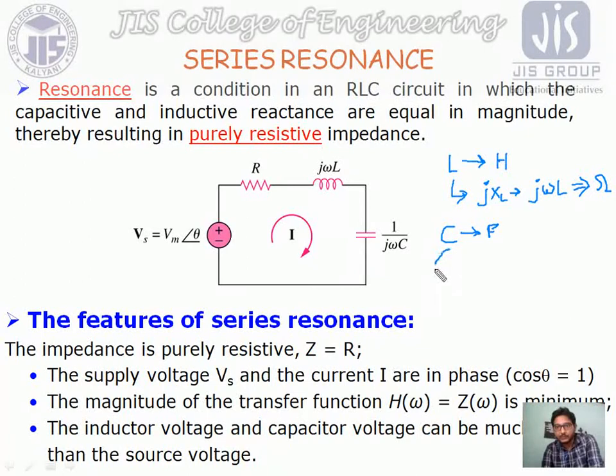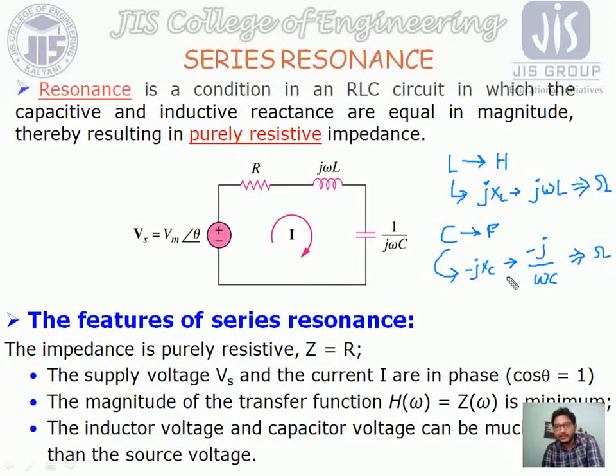Similarly, for the capacitor, the capacitive reactance we can write as minus jXc, where Xc means 1 by omega C, so we can write minus j divided by omega into C. Overall the unit will be ohms.